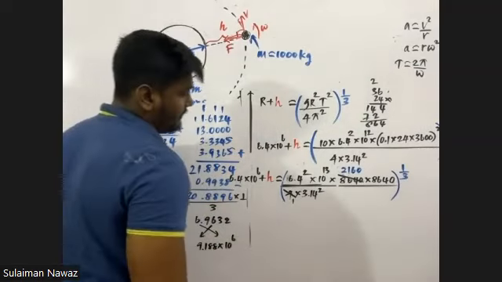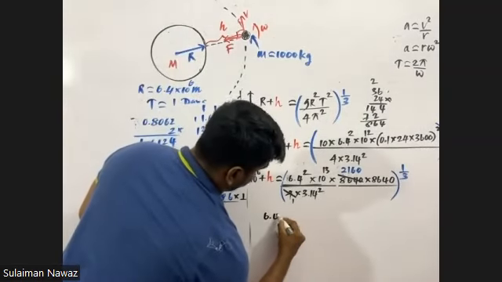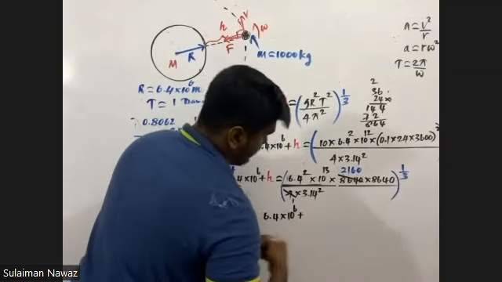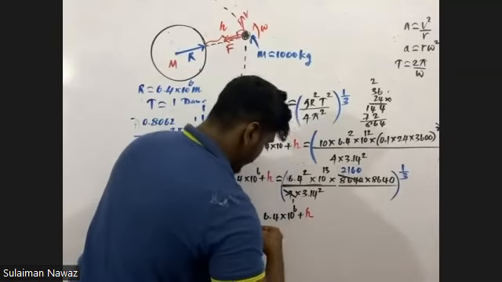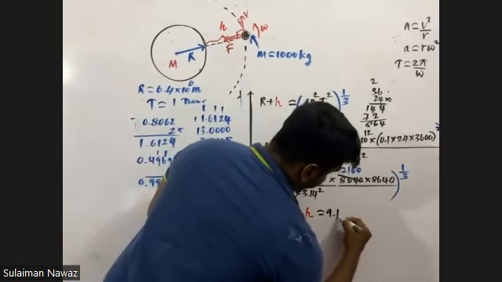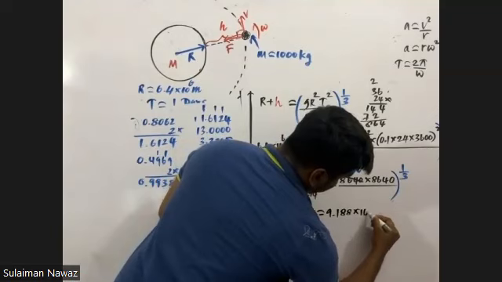So therefore you are getting 6.4 times 10 to the power 6 plus small h equals 9.188 times 10 to the power 6.